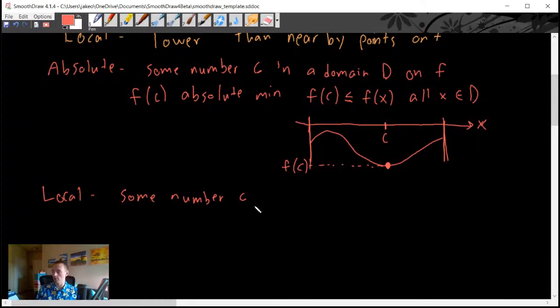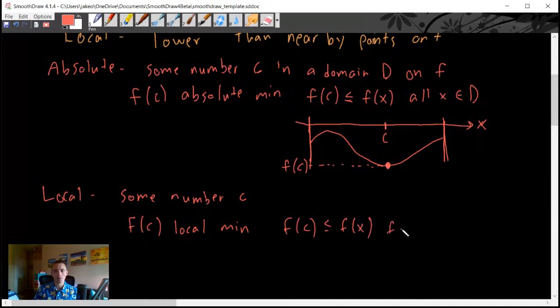It is within the domain of f. We're going to have f of c be a local minimum if f of c is less than or equal to f of x for x's near. Actually, let me write this out a little bit more expanded. For x near x equals c.